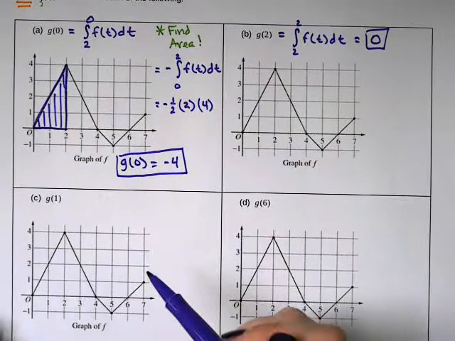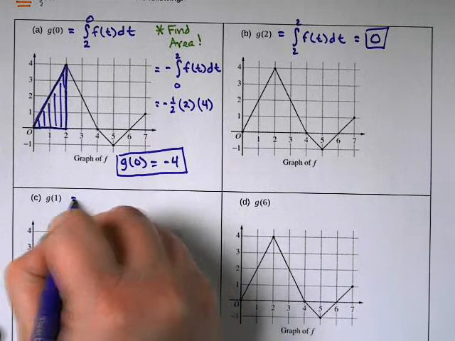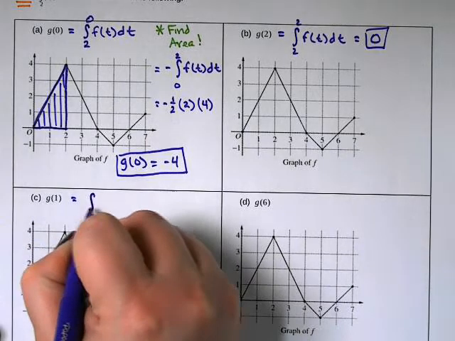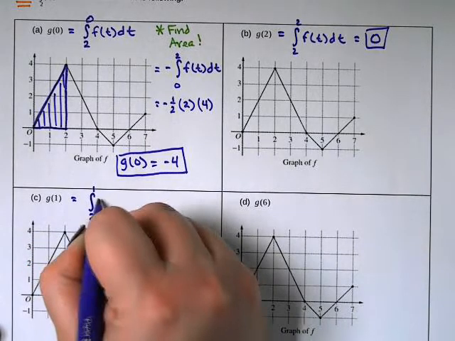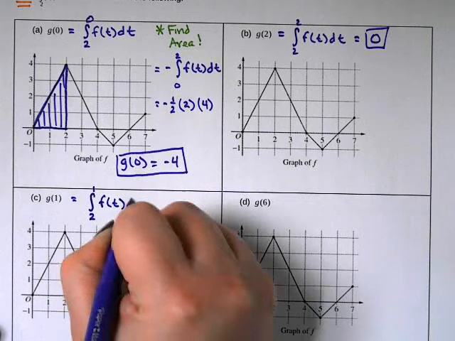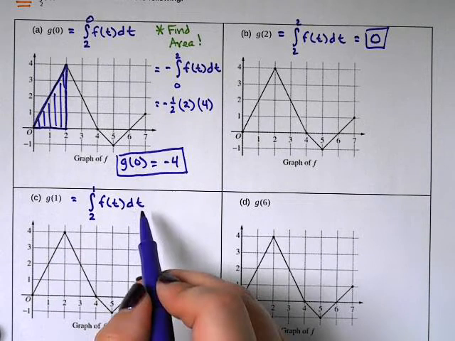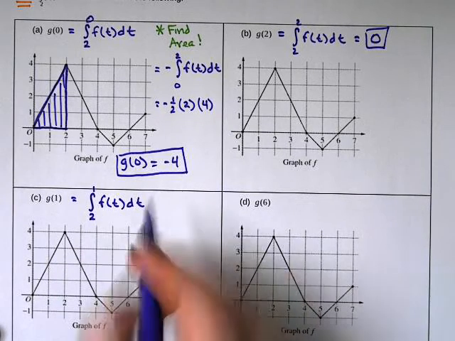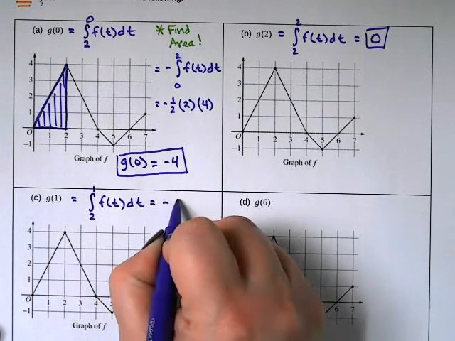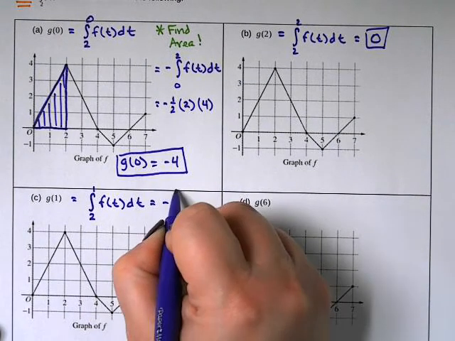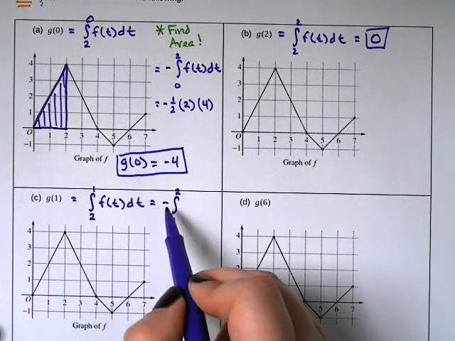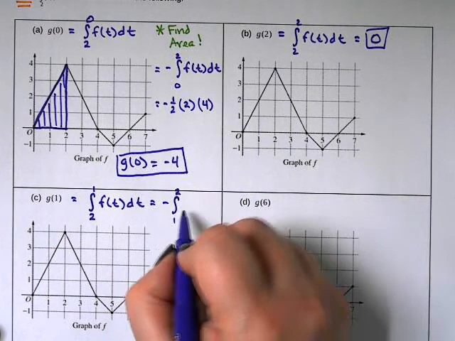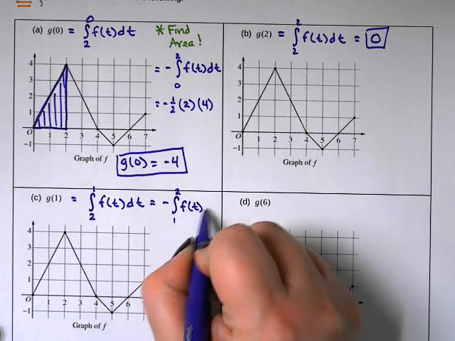Alright, let's see. G of 1 means that I want the integral from 2 to 1 of f of t dt. So again, I'm going to find an area. Well, 2 to 1, again, it's backwards, so I like to always rewrite it so that it's going the right way. So I'm going to do the negative integral from 1 to 2 of f of t dt.